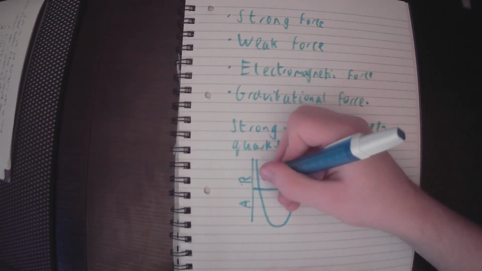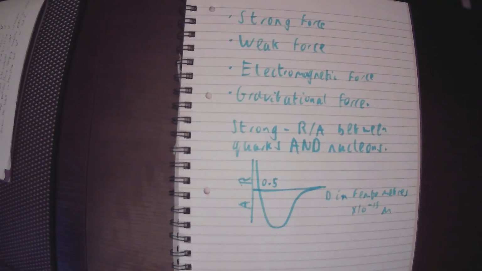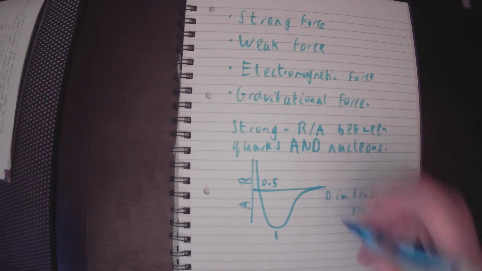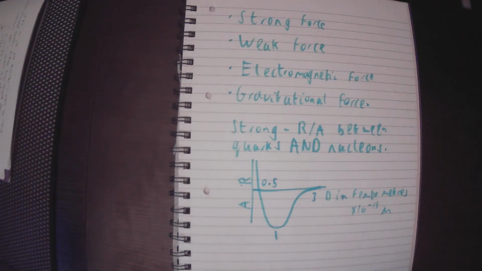So first of all, it crosses the x-axis at 0.5 femtometers. It turns around at 1 femtometer, and it stops working at roughly 3 femtometers. And that is the ranges on the strong force.